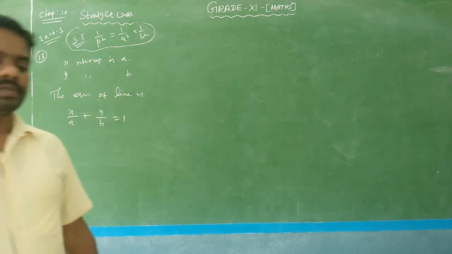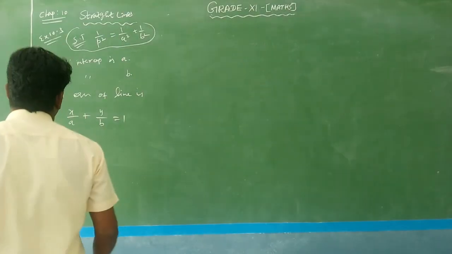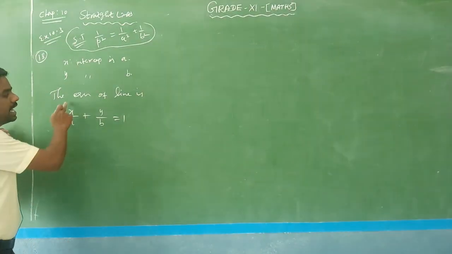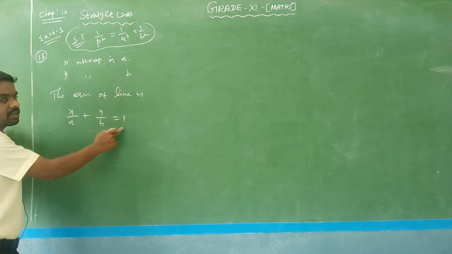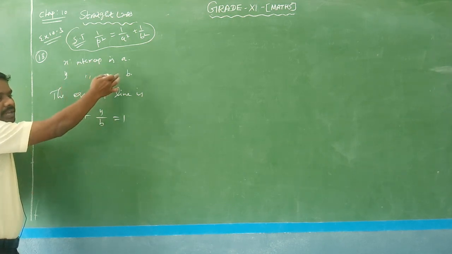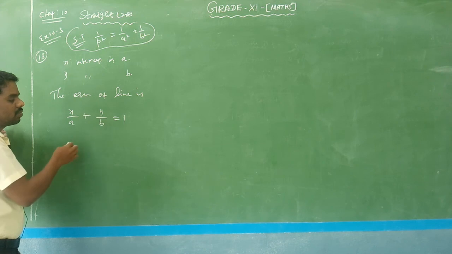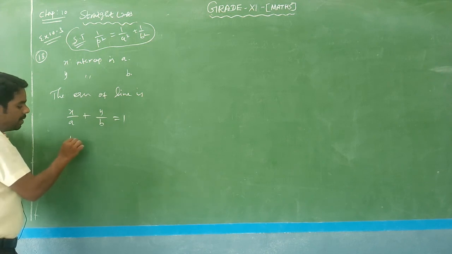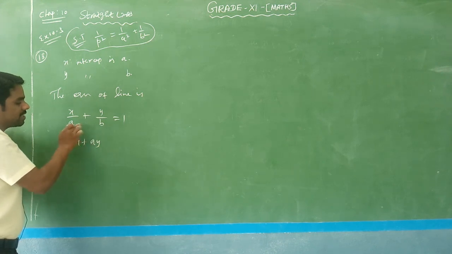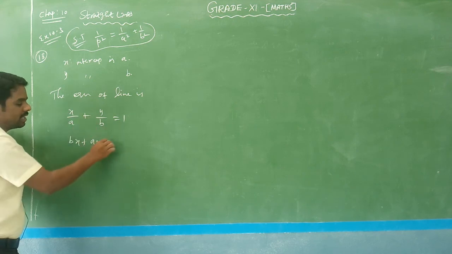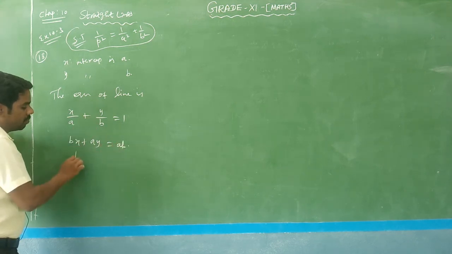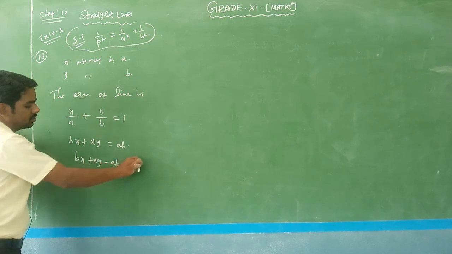Listen. The equation of the line is x/a + y/b = 1, where the intercepts on the axes are a and b. Simplify this by cross multiplication: bx + ay = ab. So bx + ay - ab = 0.